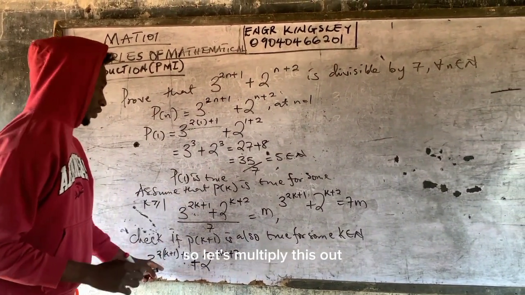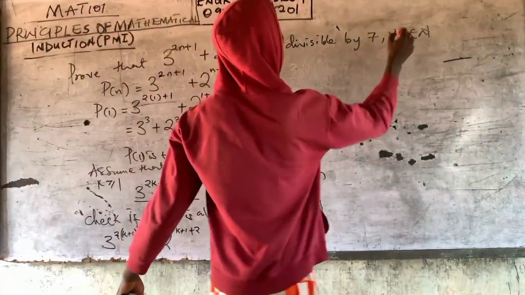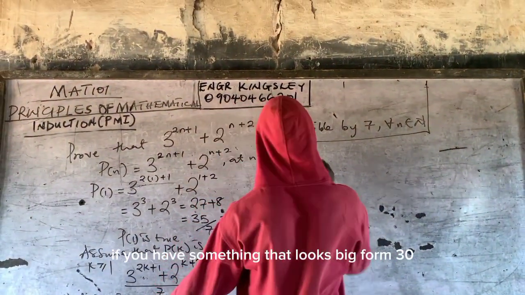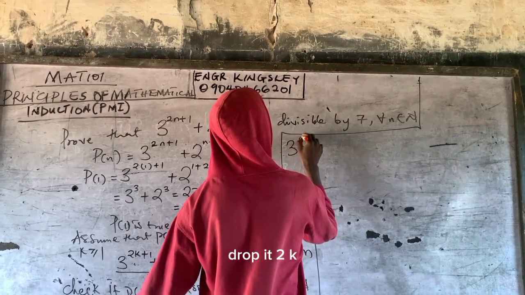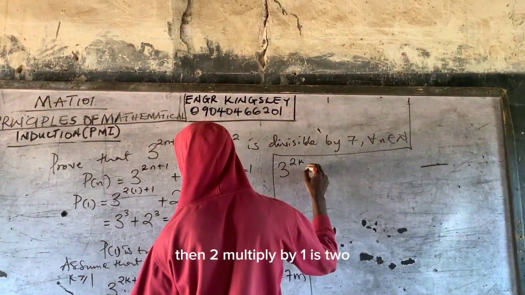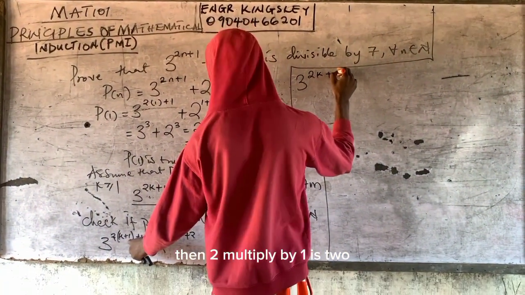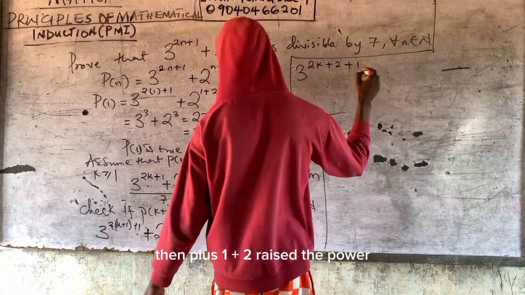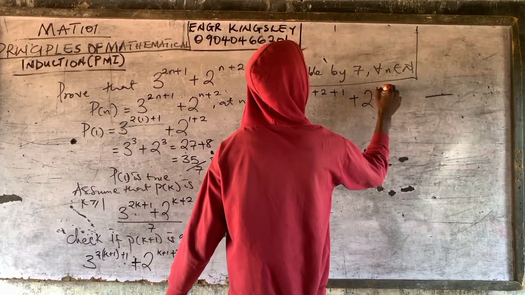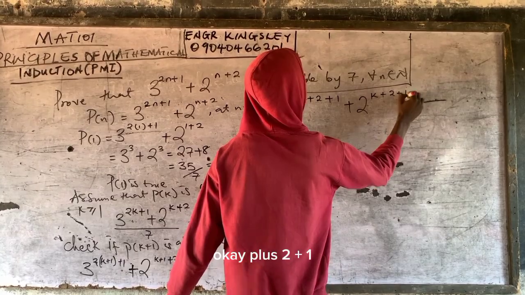So let's multiply this out. When we multiply it out, we'll have something of this form: 3 raised to the power of brackets 2k, 2 multiplied by k is 2k, then 2 multiplied by 1 is 2, then plus 1, plus 2 raised to the power k plus 2 plus 1.